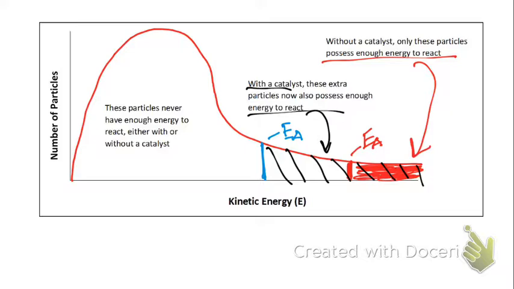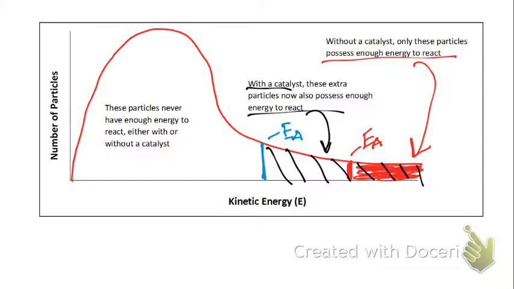Now compare this to temperature. Remember, when we illustrated this Maxwell-Boltzmann distribution curve for temperature, we did not move the activation barrier line at all.